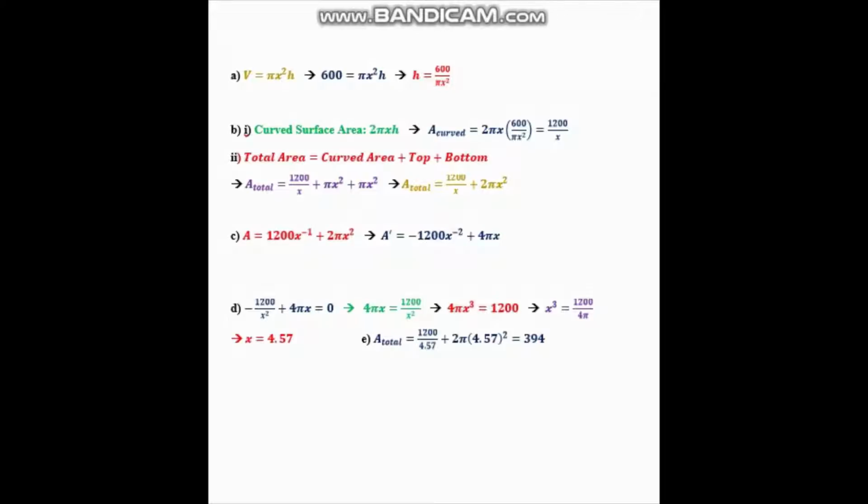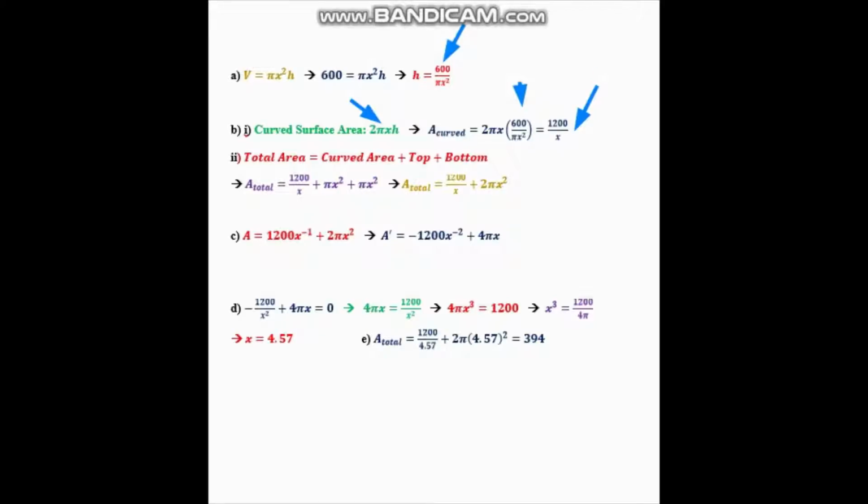So since the curved surface area equals 2 pi x times h, we shall just substitute this expression instead of h, getting 2 pi x times 600 over pi x squared, which simplifies to 1200 over x.